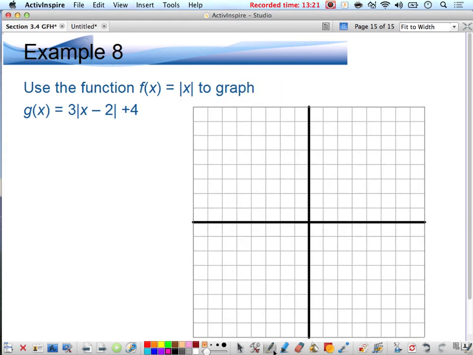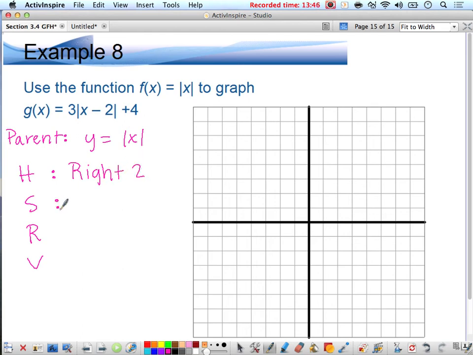Okay. Now, first off, what's my parent graph? Y equals the absolute value of x. Then I want you to list the different things. Horizontally, what's being done to it? Right 2.